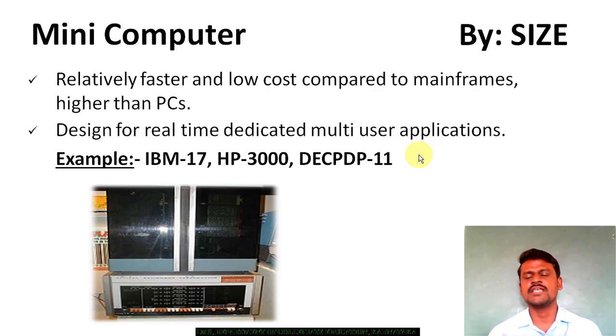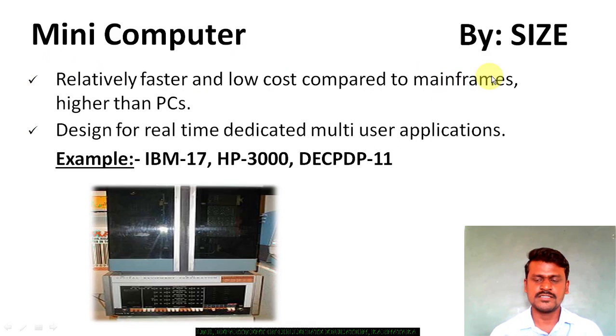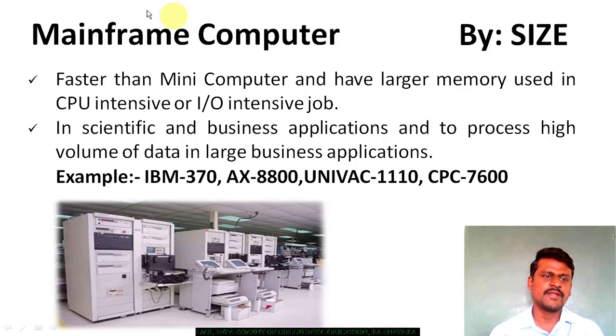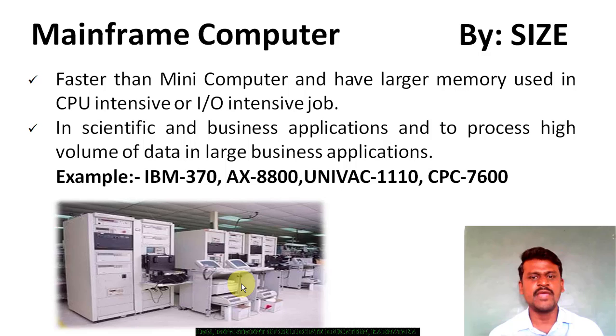We will now move on to the next one, mainframe computers. As we have seen, this is a mainframe computer. Mainframe computers are faster than minicomputers. As you can see in this arrangement, these are far larger than minicomputers, and they have larger memory and are used in CPU intensive or IO intensive jobs, right?